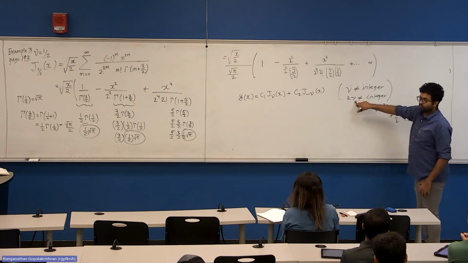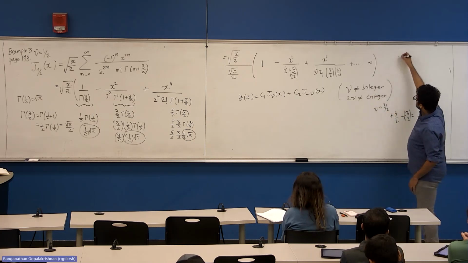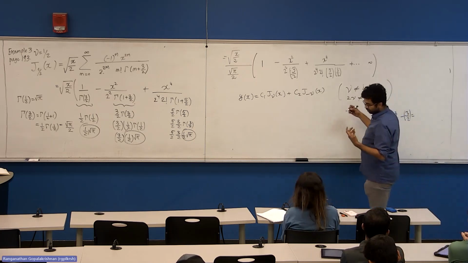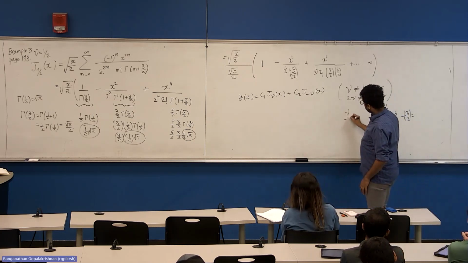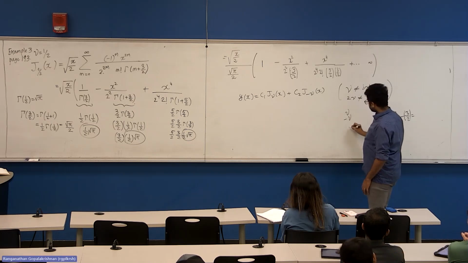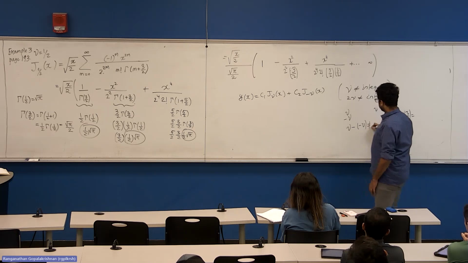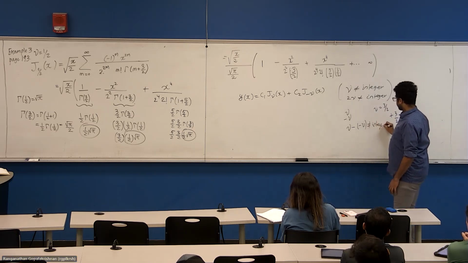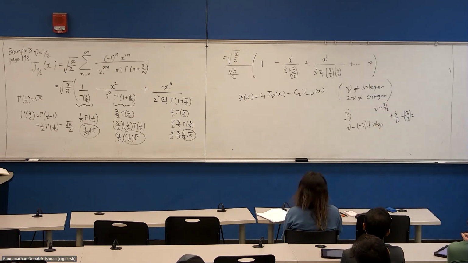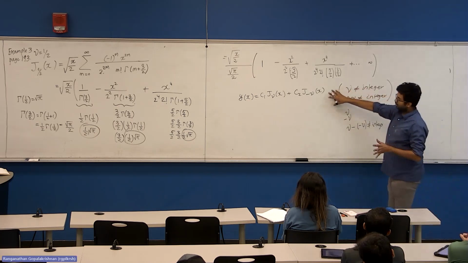That's what I mean by 2 nu. The solution to your indicial equation is always nu and minus nu. So when I say 2 nu, what I mean is nu minus minus nu is not an integer. This is the kind of general case.